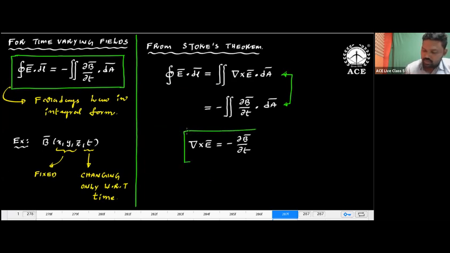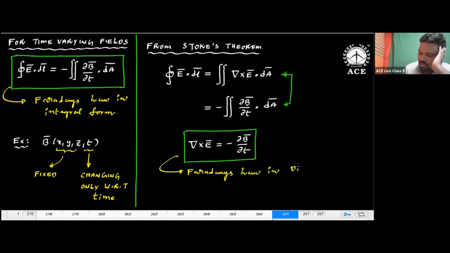This is called Faraday's law in differential form or point form, beta. So this is what is required for your exam.